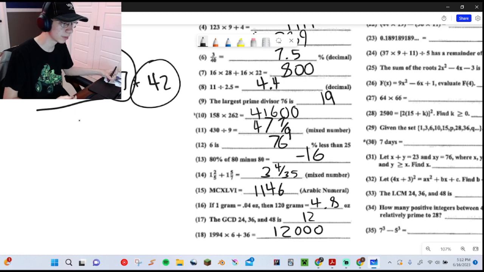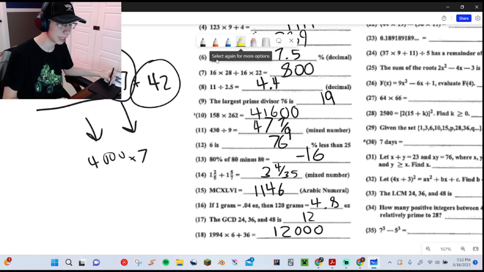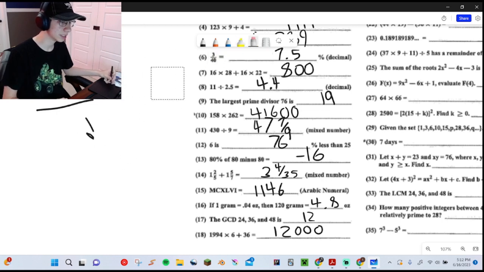Usually you just round this up to 4,000, multiply by this number, and that's your answer. Like 9 times out of 10, it's going to come out to what you would get if you just round it up.